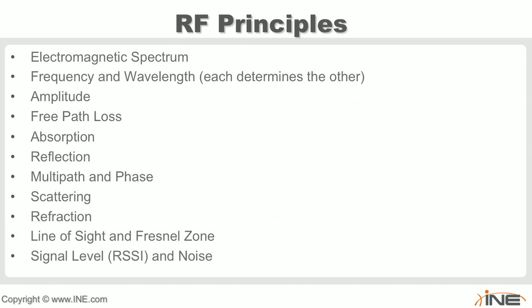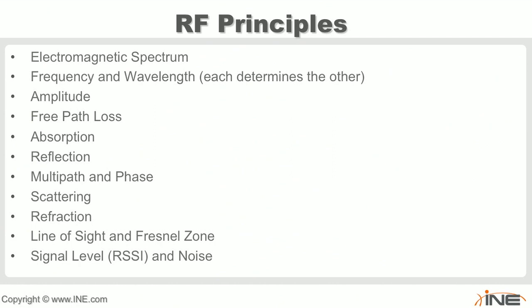We'll take a look at something called scattering. We'll also take a look at refraction. And we'll take a look at line of sight and something called the Fresnel zone. And then finally, signal level, also known as RSSI, or Received Signal Strength Indicator, and then noise.